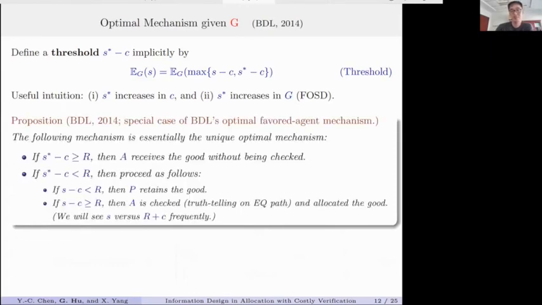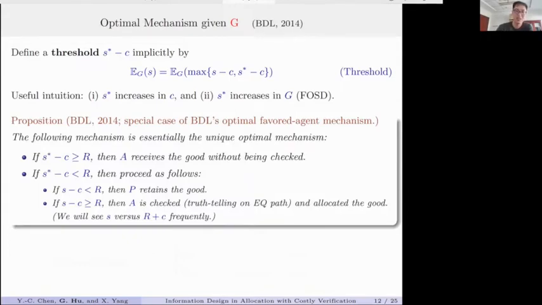Here is the solution of the mechanism design problem. BDL says that the following favor-agent mechanism is optimal, and it is essentially the unique optimal mechanism. This is just a special case of BDL's solution because we have only one agent.